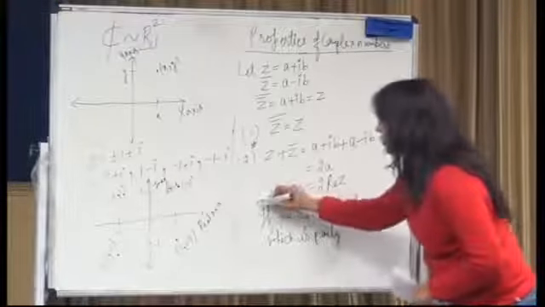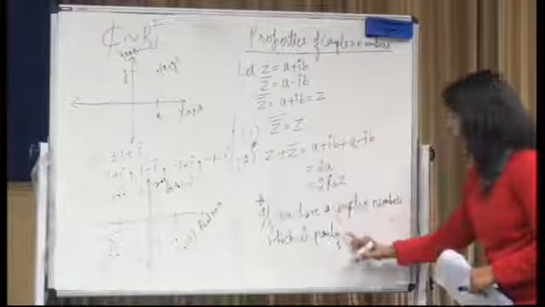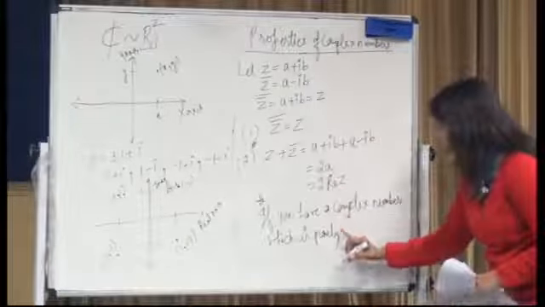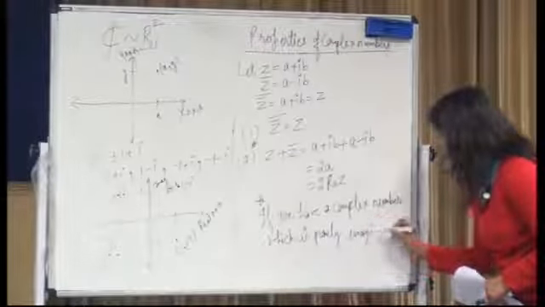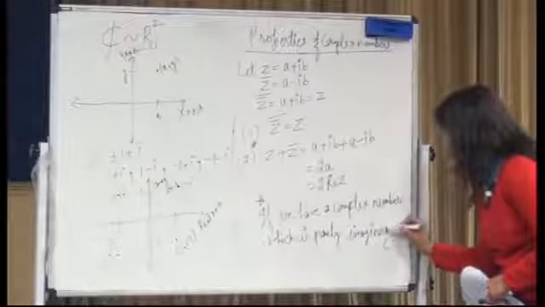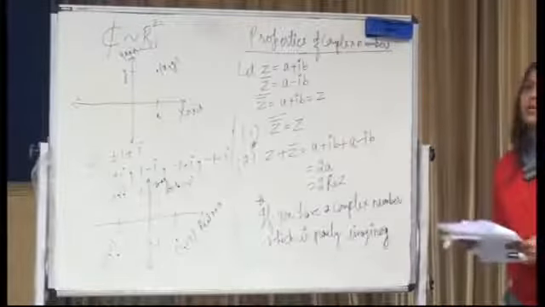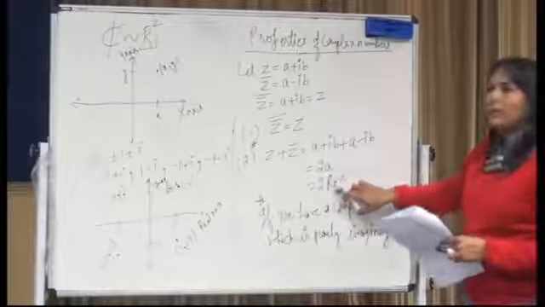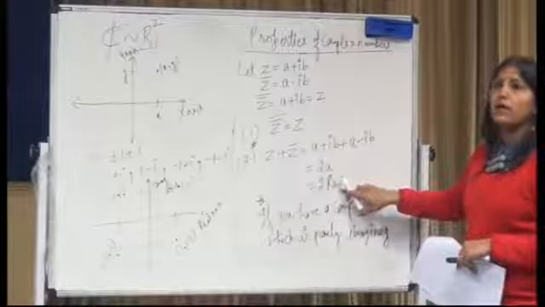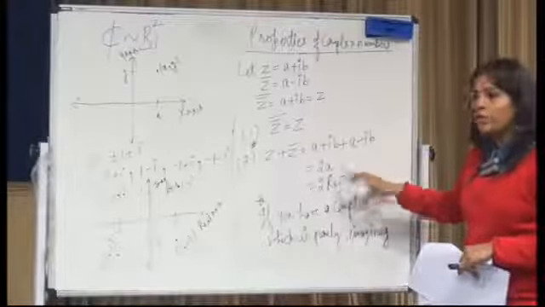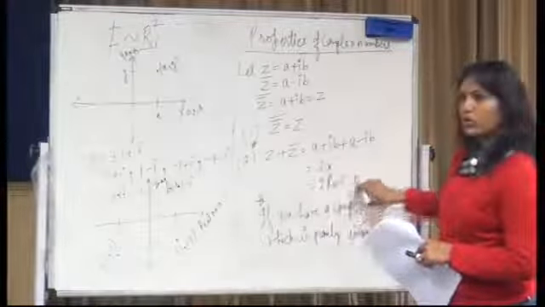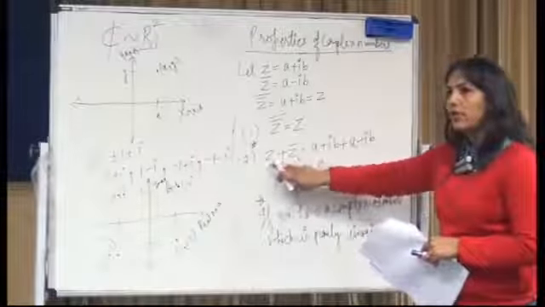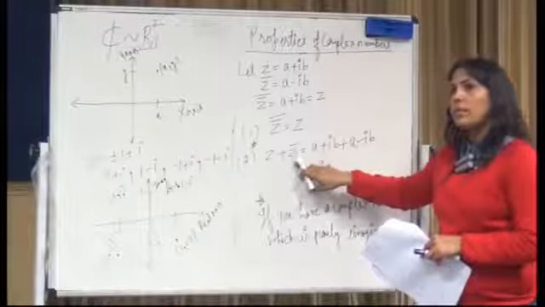This is star one actually. You will use it when you solve questions. Purely imaginary means what? It connects to the real part: the real part is 0. So from this property you get z is equal to minus z bar.